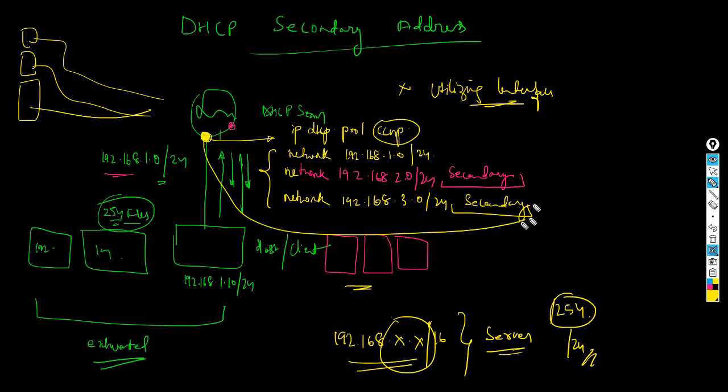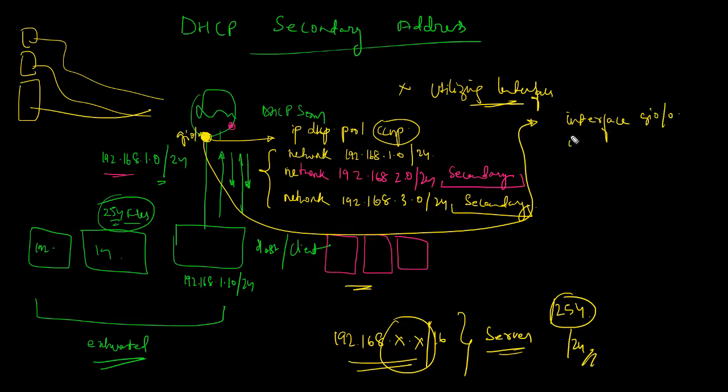From the interface point of view, I just need to go to this interface, GI0/0. Let's say this is GI0/0 and I'm going to configure an IP address. 192.168.1.0 was my primary network.